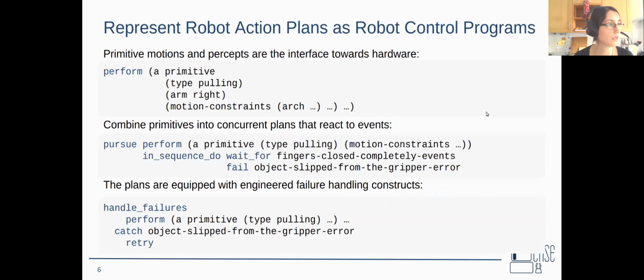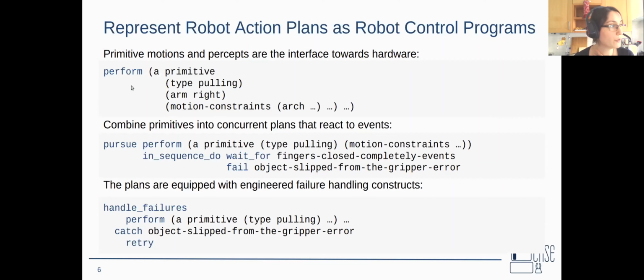Okay. So as I mentioned at the beginning, we use imperative representation. So in my case, our plans are just programs. We support 2 programming languages, Lisp and Python. So these are either Lisp programs or Python programs.